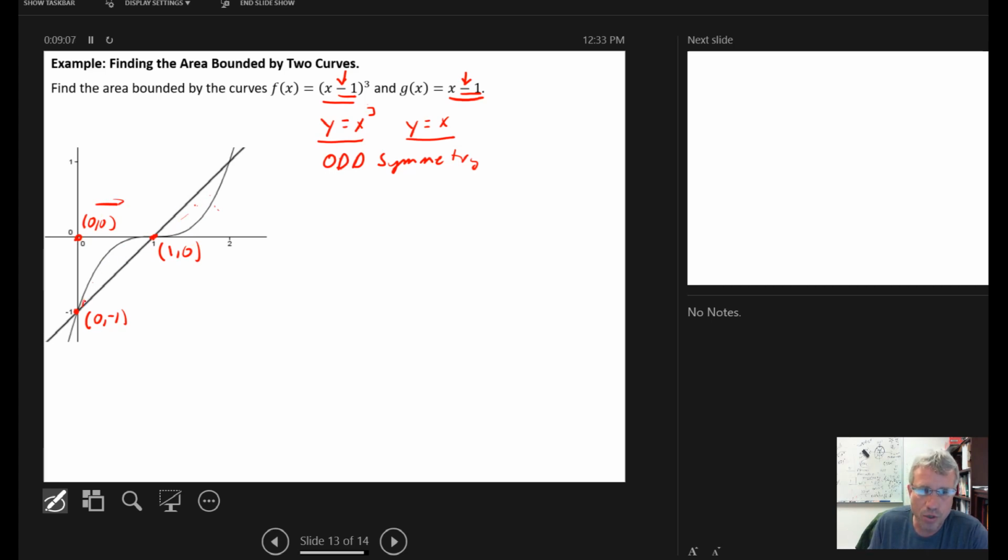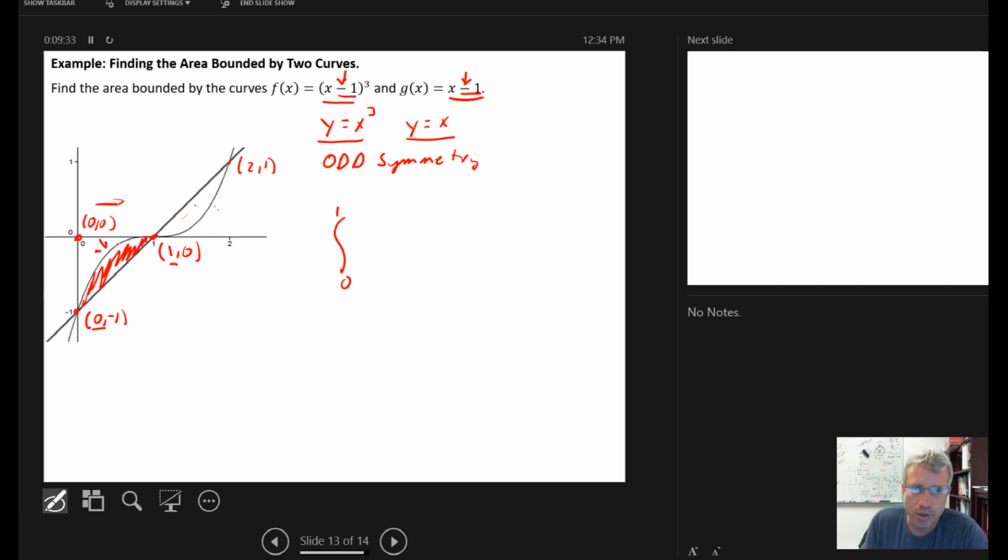This region right here is exactly the reflection of this region through this point 1, 0 by odd symmetry. So indeed, it is perfectly acceptable because of odd symmetry, and what we want to do is recognize that it's odd symmetry that we're seeing, but it's perfectly acceptable to say, hey, I'm just going to integrate from 0 to 1.